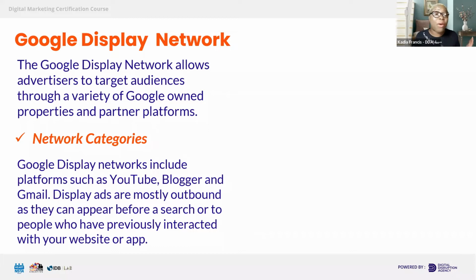And the display network just means that they're showing you ads before you even search for them, because of how I would have previously interacted with a website. We're going to talk about how they track your behavior across the internet. So display ads are mostly outbound because they appear before I even search for it.